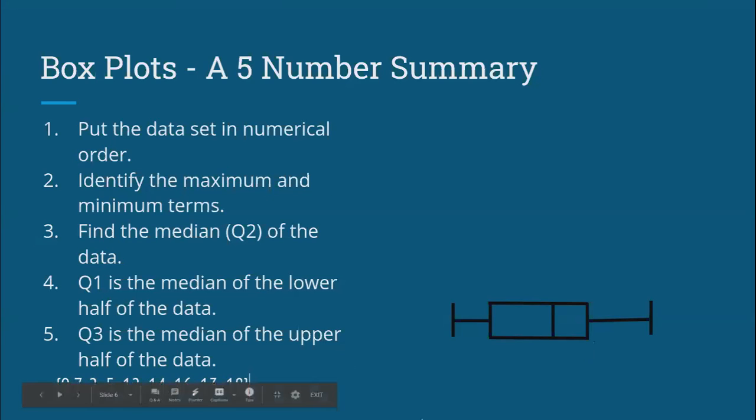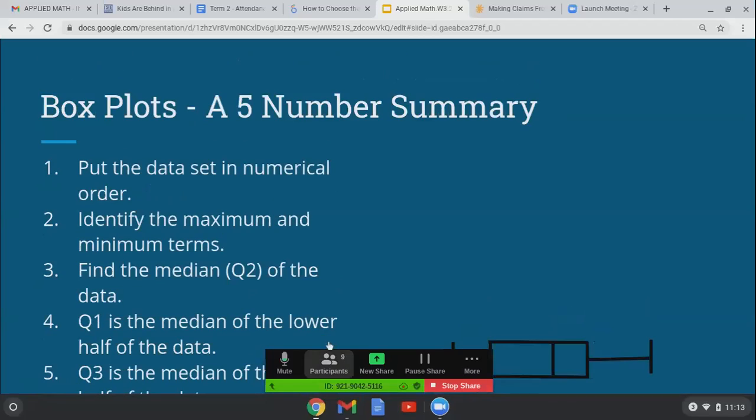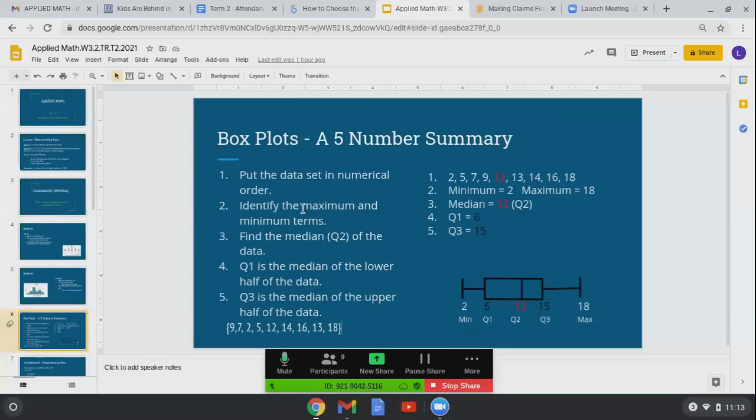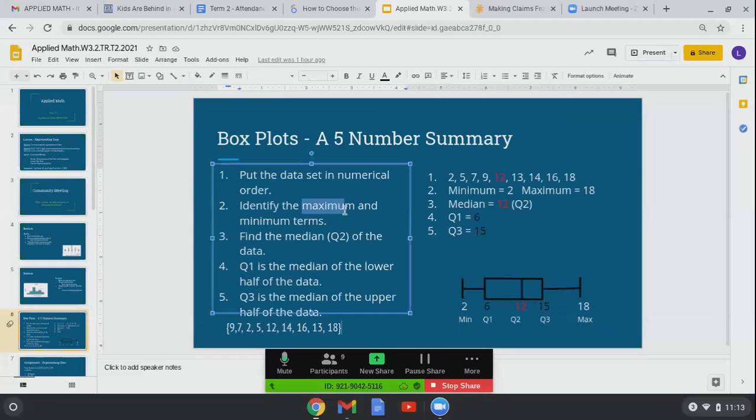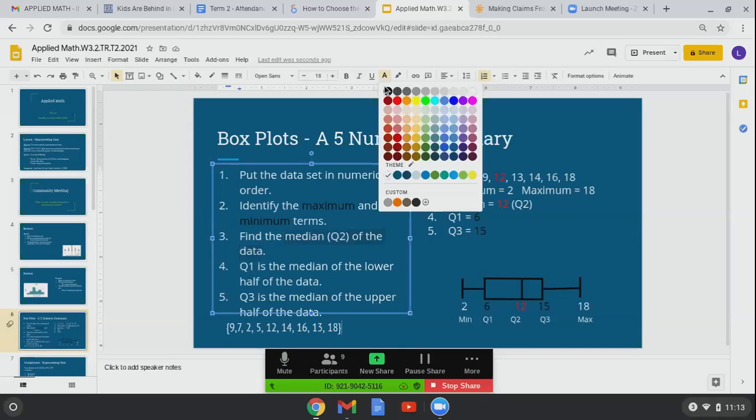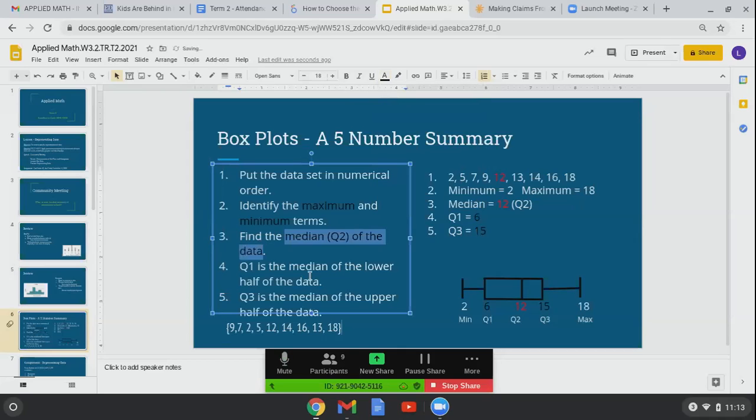Let me end this for a second. So now we have the maximum, 1, the minimum, 2, the median of the data set, that's 3.